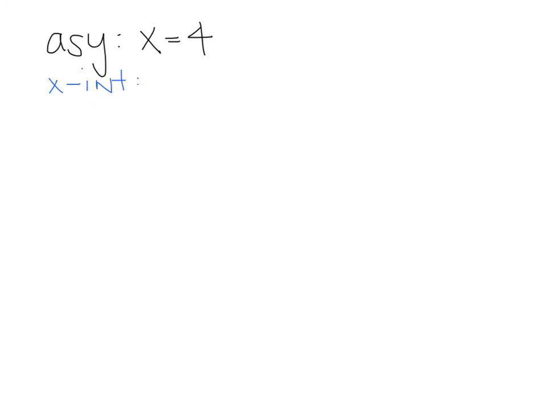So to find our x-intercept, you plug in 0 for y. So we have 0 equals 2 times the log base 3 of x minus 4 plus 5. And we're trying to solve for this x that's in here. So to move our positive 5 to the other side, we subtract it.